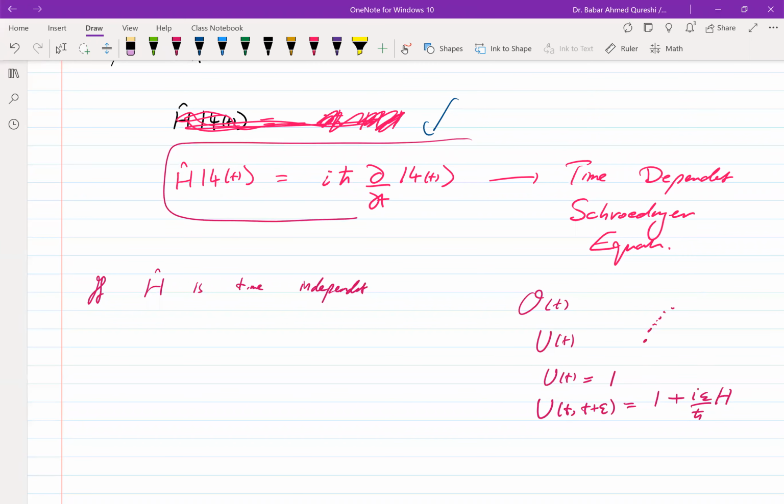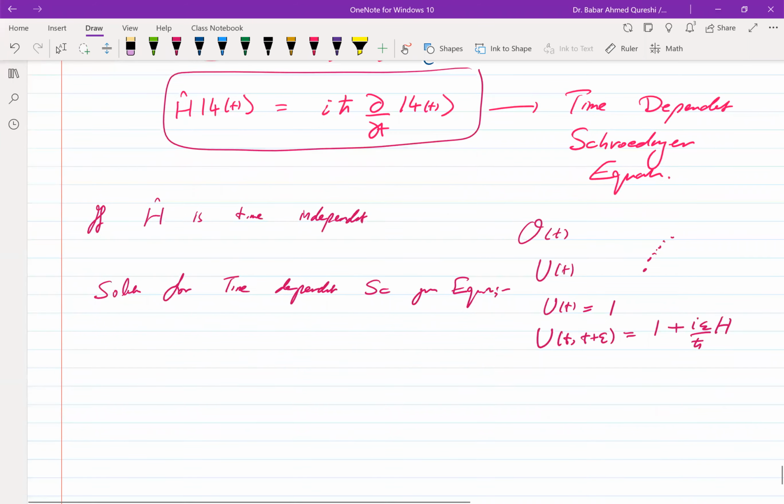In that case, this can be solved. Solution for the time-dependent Schrödinger equation. It's only a formal solution.